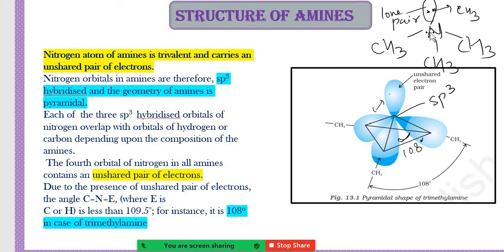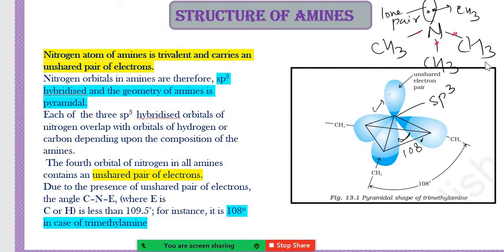We know that nitrogen is in group 5, so it has 5 valence electrons. 3 valence electrons are used up in bond formation, so they make bonds with H or R, and 1 lone pair is left behind, which is called a non-bonded valence electron. So that is the lone pair. If the H is replaced by an R group, an alkyl group, it can be methyl, ethyl, propyl or whatever, then we call it amines.